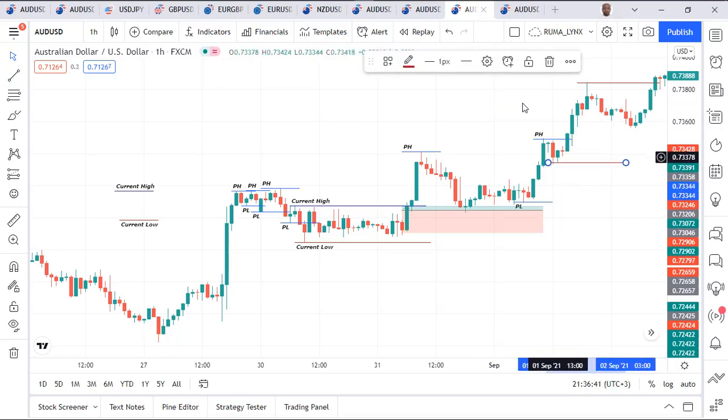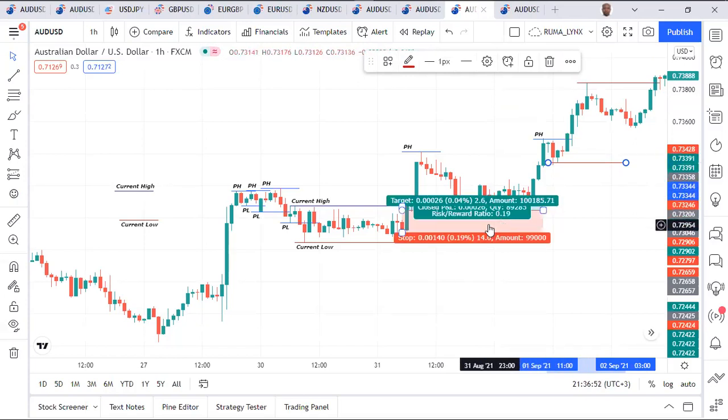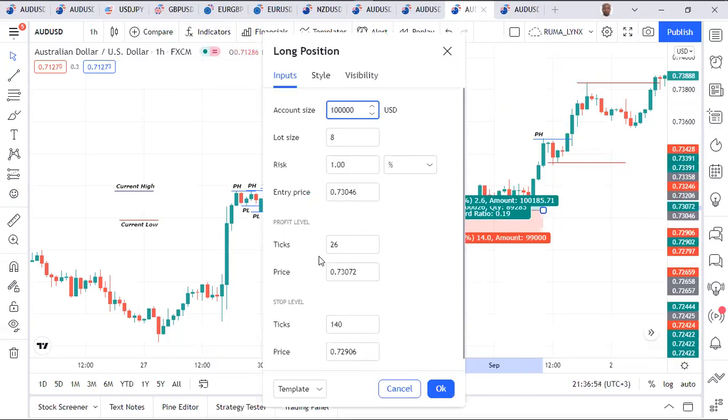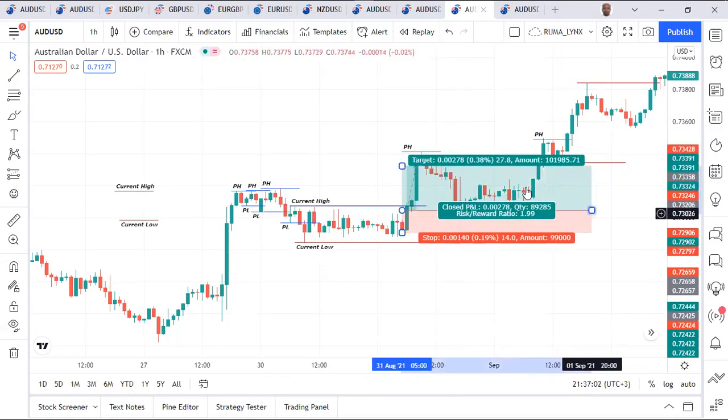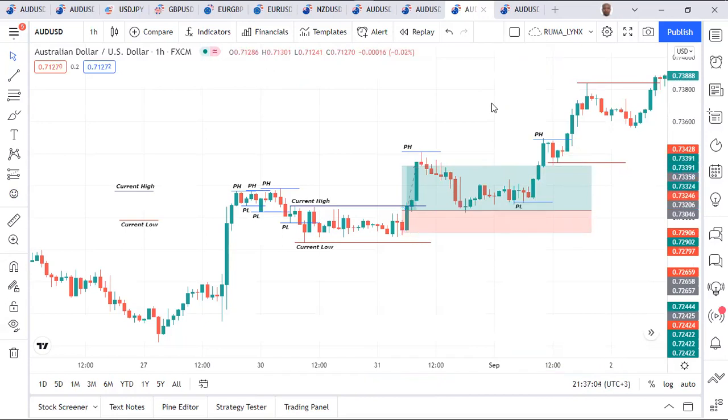So again, we move our profit 2 pips below this lowest point, which will be 0.73324. And so on and so forth.